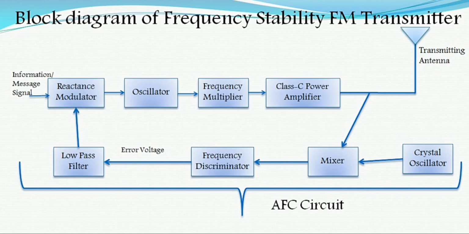And also there are no frequency deviations in the carrier signal frequency if there is a change in environmental parameters such as temperature, humidity, aging of components used in the circuits, and so on. So with the help of an AFC circuit we can easily achieve the stability of frequency in the FM transmitter. That's all about the concept of frequency stability in the direct FM transmitter or reactance modulator FM transmitter.